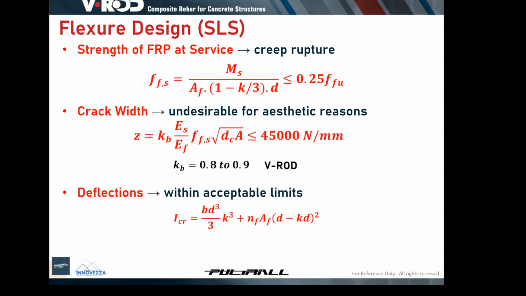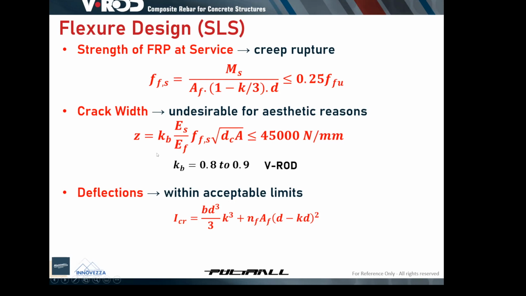The crack width, again per the S806, is calculated from the Z factor, which is the stress across the crack, based on this equation here, which is the same equation as for steel reinforcement, except that we have a new coefficient here, the kb, which is the bond-bending coefficient.